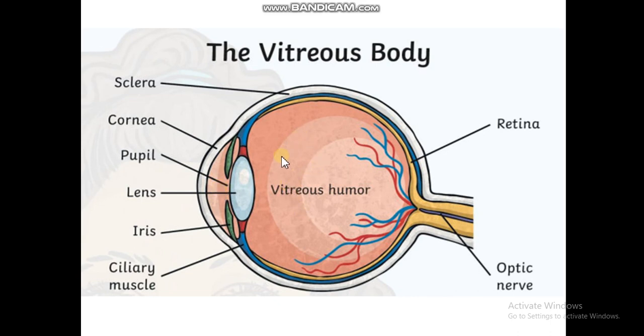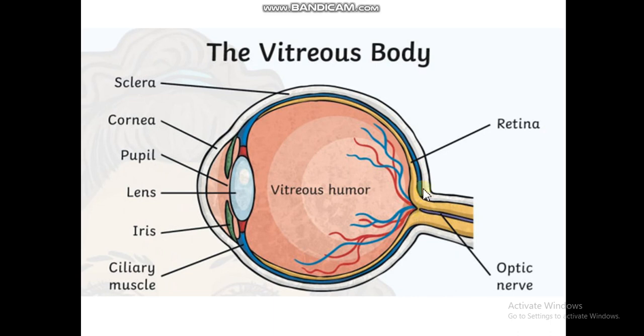And behind the lens we have a portion where liquid is also there, and this liquid is known as vitreous humor. So this is vitreous humor, and this is aqueous humor. And here we have some nerves which ultimately run to our brain, and this nerve is known as the optic nerve.